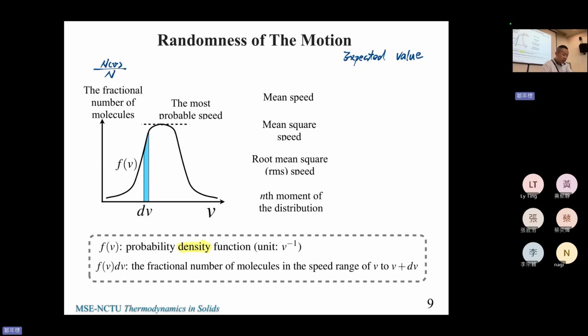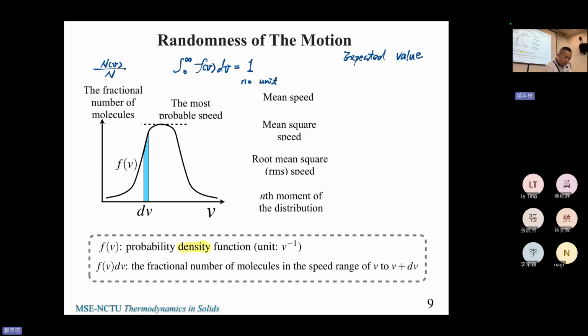It means that you need to do the integration to obtain the probability. So you need to see that from 0 to infinity, f(v) needs to be integrated to make it 1. And this is a chance, so no unit.